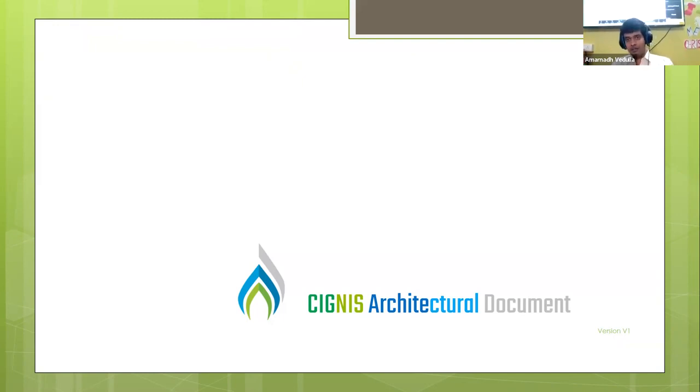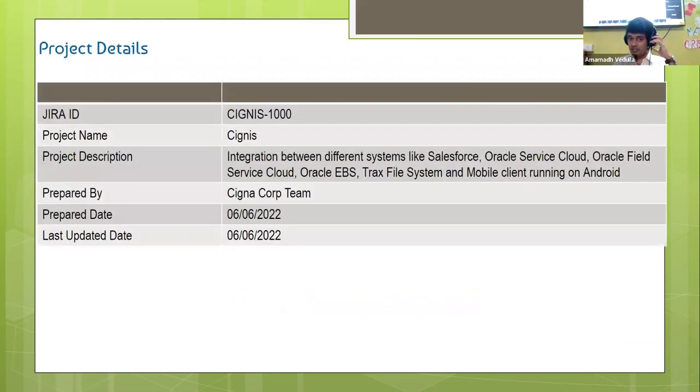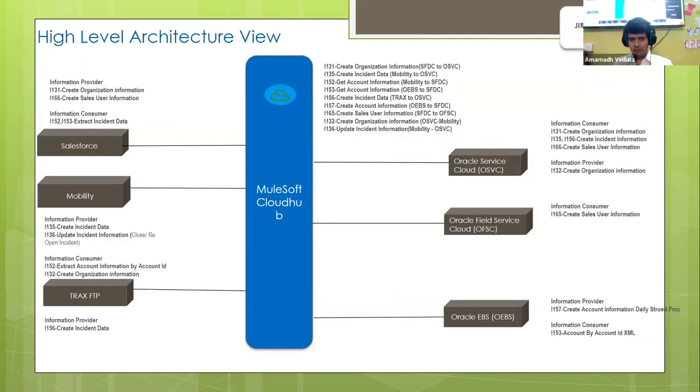So we are looking at many more documents also. This is one of the projects that we are going to explain, but in it we are trying to cover most of the real-time scenarios, not just creating an API and deploying it into the cloud.